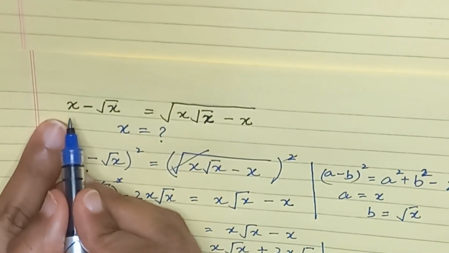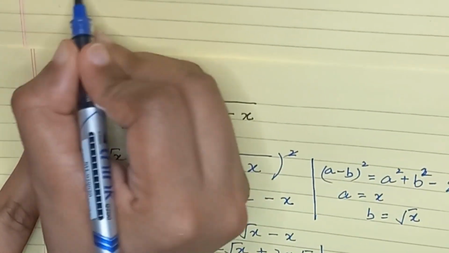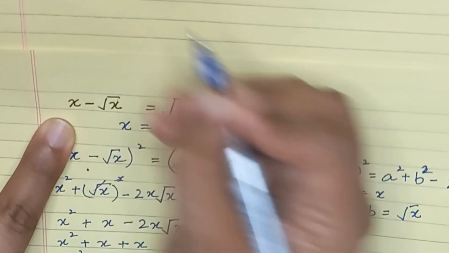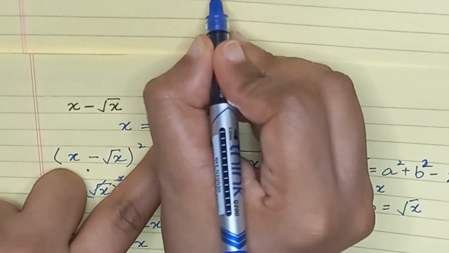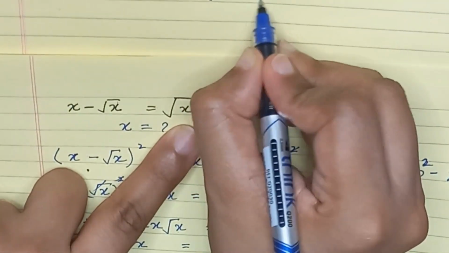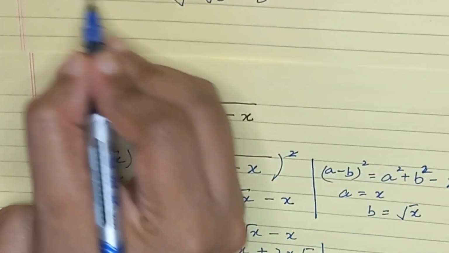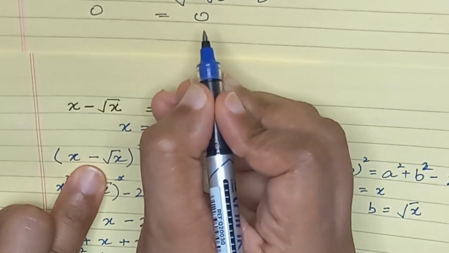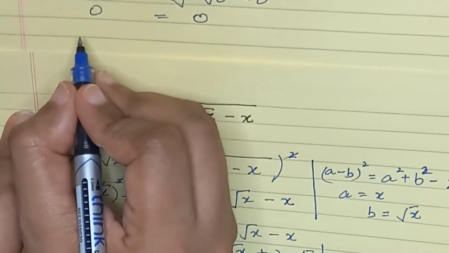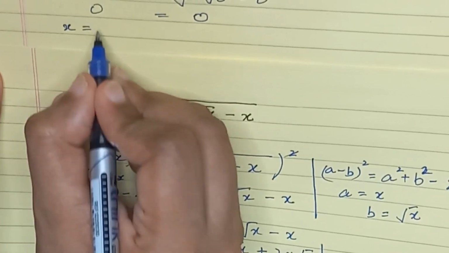For x is equal to 0, we will put the value of x here. So it will become 0 minus square root of 0, which is equal to the square root of 0 into square root of 0 minus 0. So 0 is equal to 0. Now x is equal to 1.